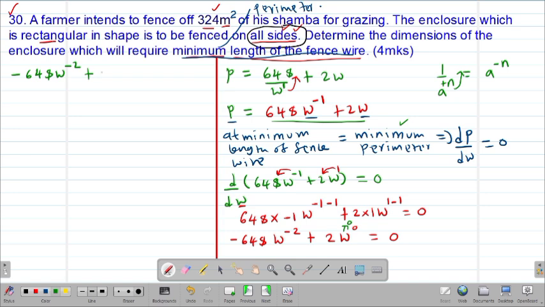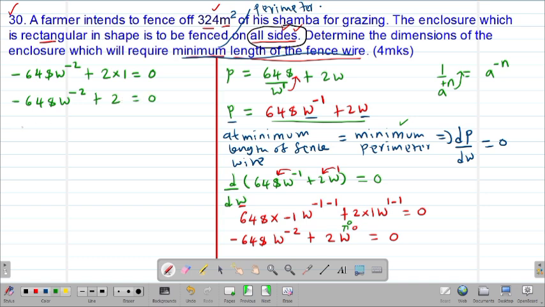Therefore this will be 2 multiplied by 1, being equal to 0. Therefore -648 w to the power of -2, plus 2 times 1, you'll get 2, is equal to 0.